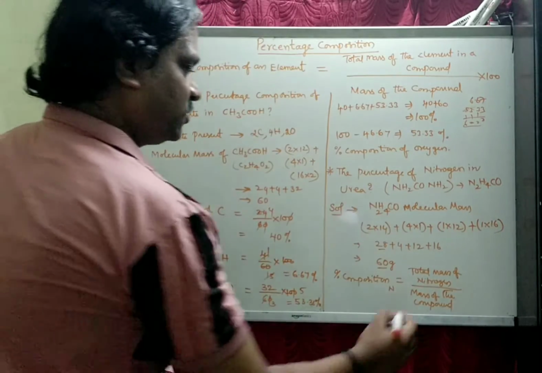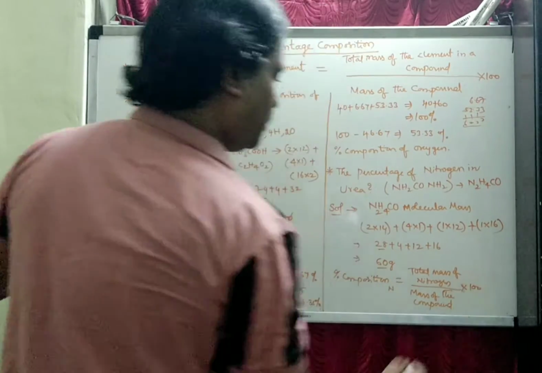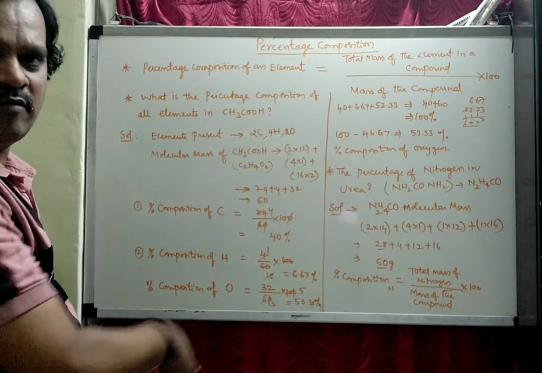So what is the total mass of the nitrogen? 28. Sorry, into 100. So I will do it a better way here so you can understand the concept clearly. I am erasing this.